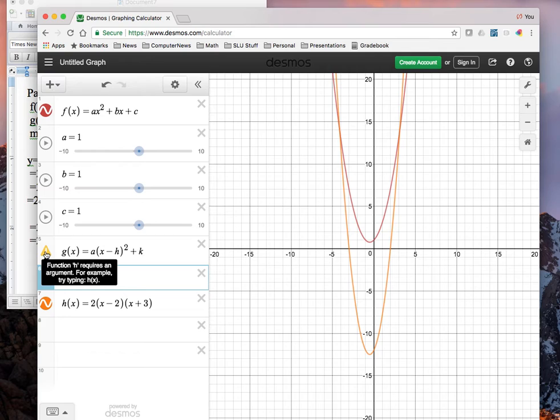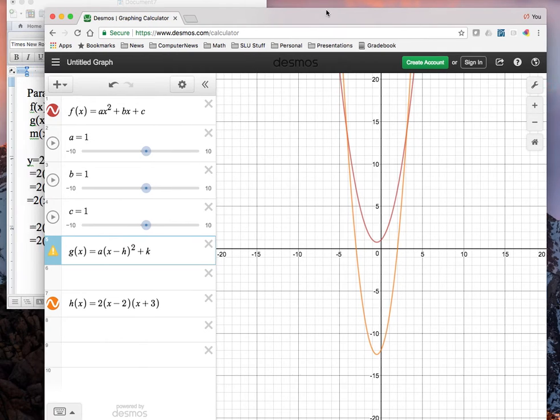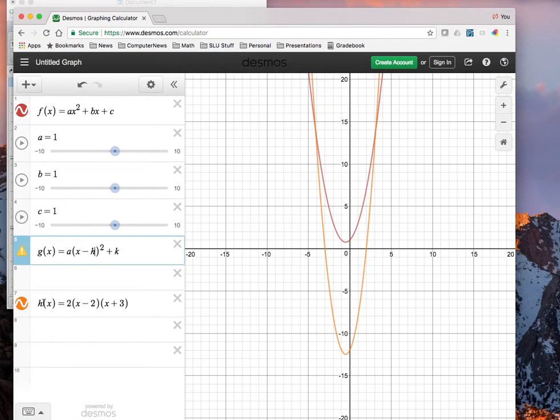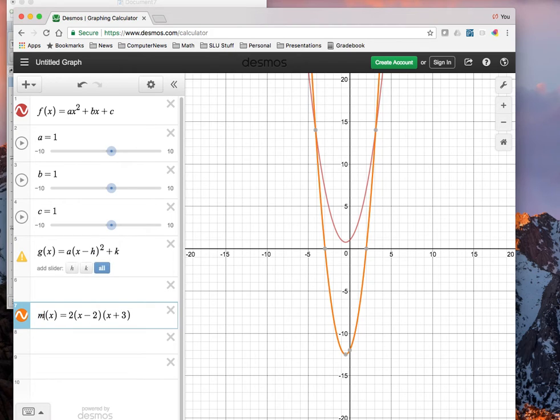And it's saying h is a function of some sort, because I have used h as a function down here. So let's change this to m to match what we did before.